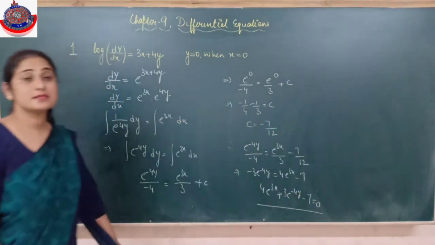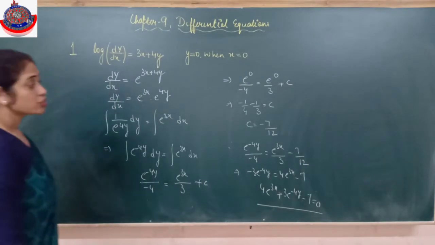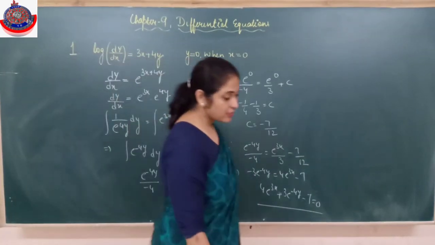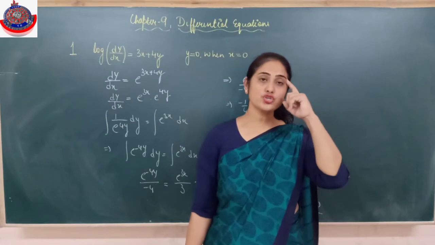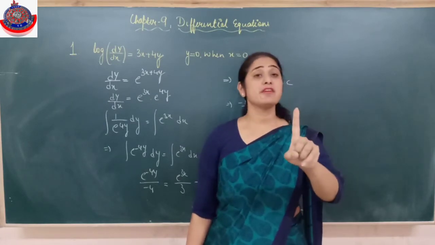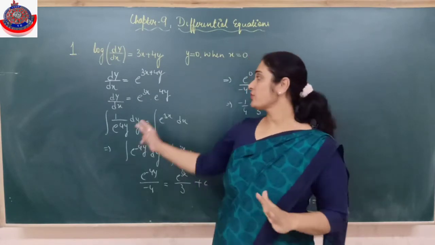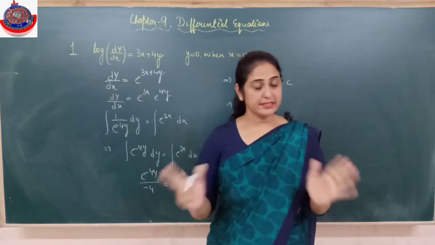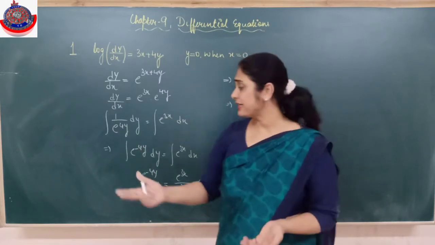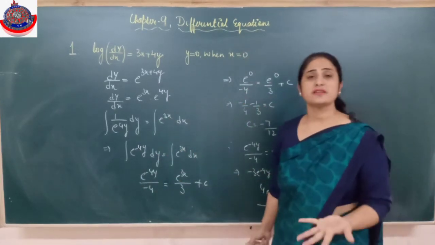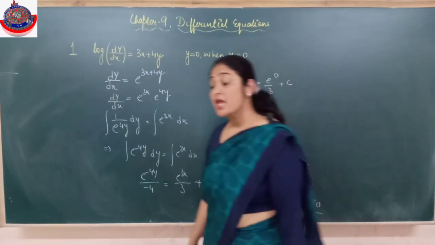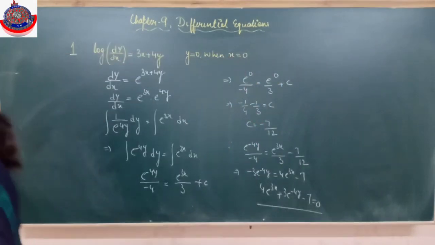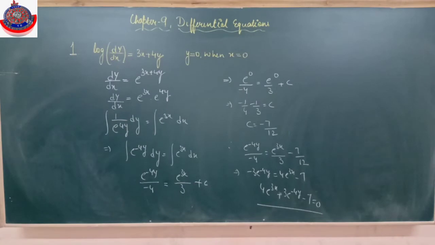That's my answer. Is it clear? So our target is to see the question. The first thought should come in the mind, can I segregate the variables directly? If you are able to separate the variables directly, then nothing like that. Directly you start integrating, that is the process. Is it clear? If you are not able to do so, then my next step is to see which category the question falls under. Fine. Let's check the next question.